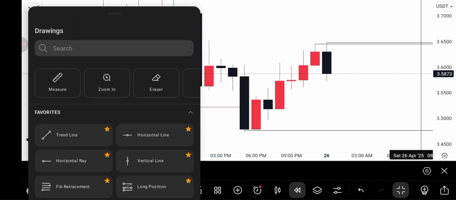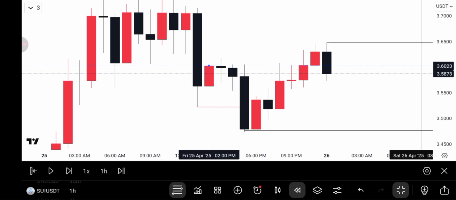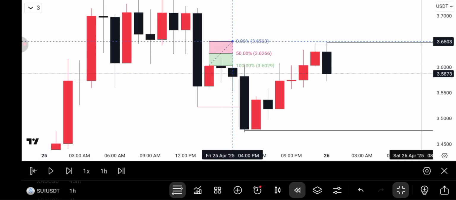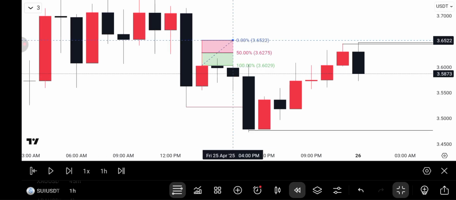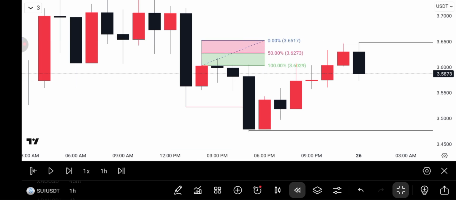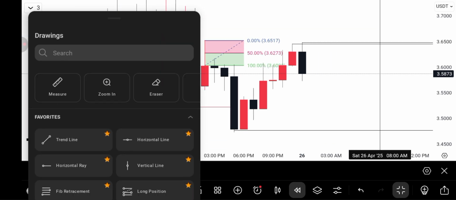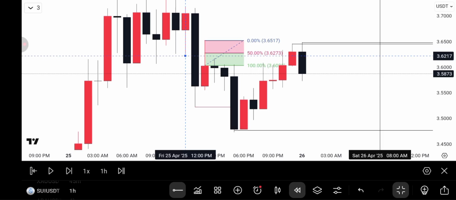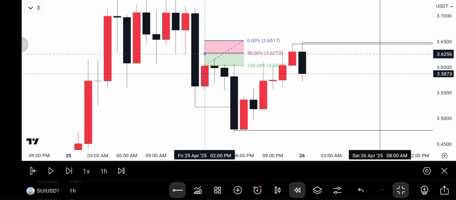Remember, this is not every candle wick. This kind of candle has a long wick, small body or big body, but the wick is very long. Do you understand? So that is what we are looking at. So let me mark it. We are marking the 50%.